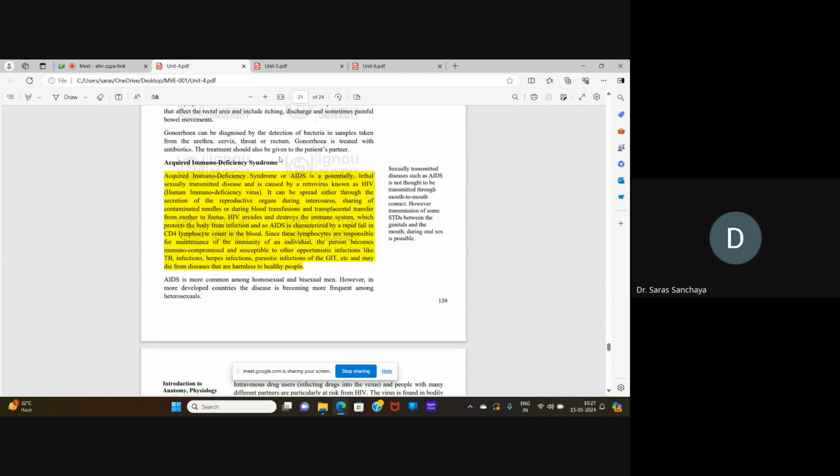HIV invades and destroys the immune system, which protects the body from infection, and so AIDS is characterized by a rapid fall in CD4 lymphocyte count in the blood.